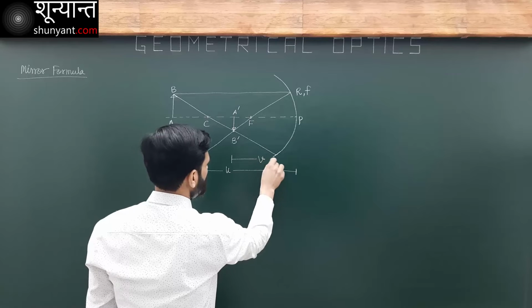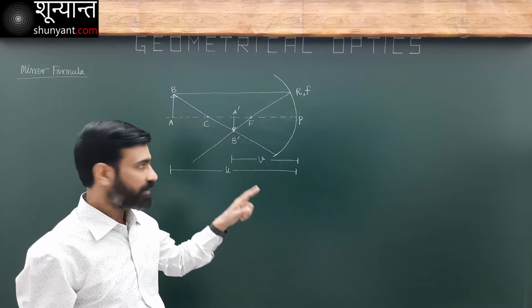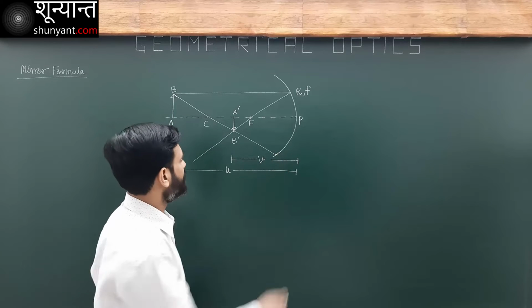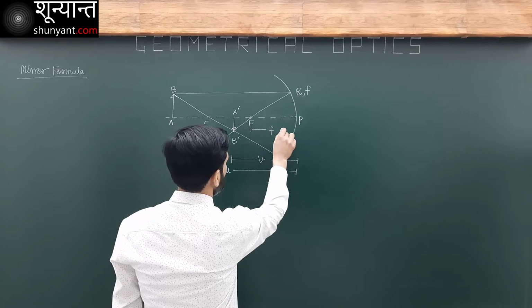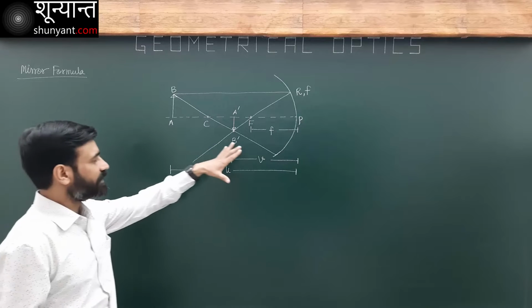This is V. So you have to note down: U is the object distance, V is the image distance, and this is my focal length, from pole to focus. Now, how are these terms related?